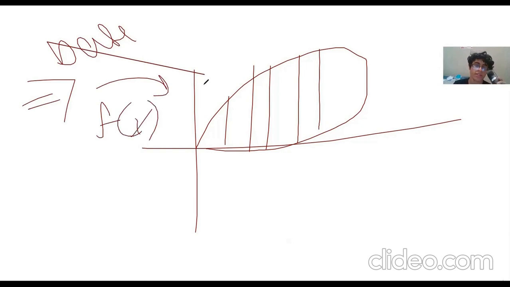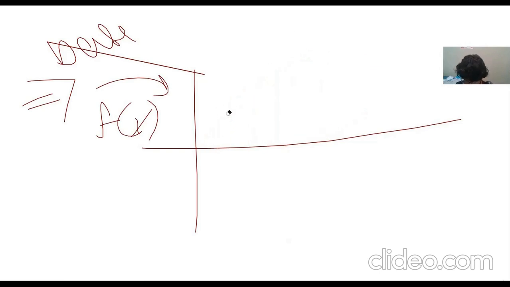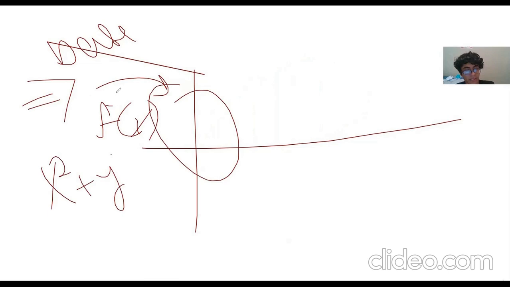And then you say, okay, it's the integral of the function. So let's do a more basic example. Let's just say it's a circle. This is the base circle, so it is x squared plus y squared equals 4.